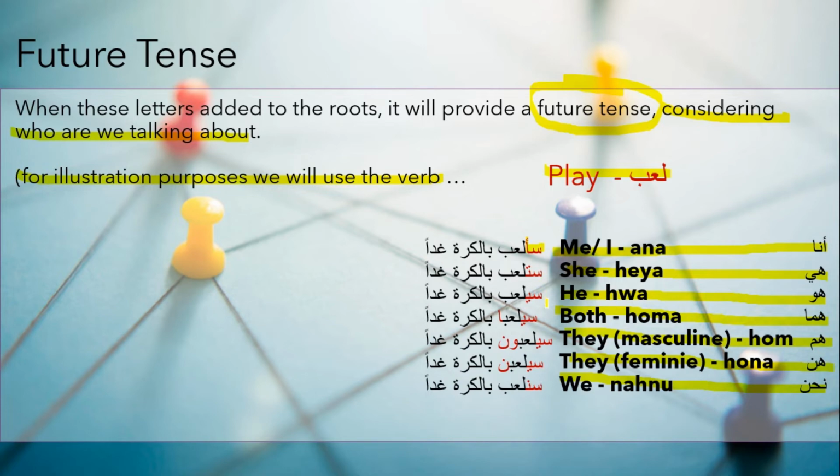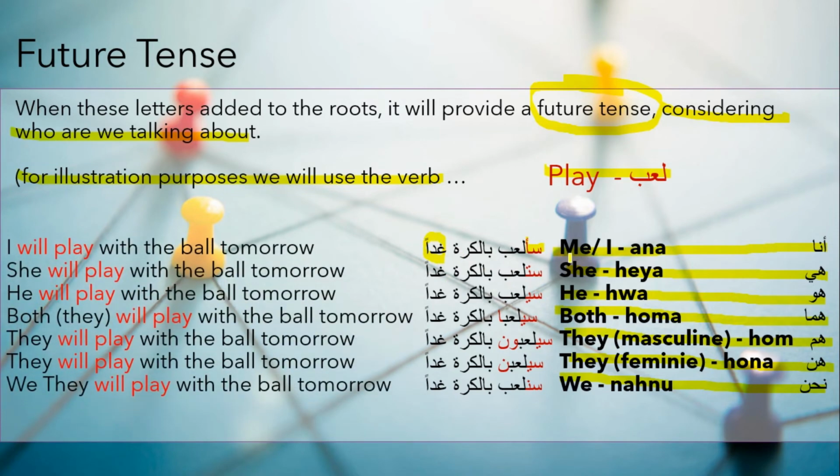Ya is for, as you can see at the third sentence, huwa. Usually we express any tense by using the verb he. So سألعب بالكرة. غدا ستلعب. سيلعب. هو. سيلعبا. سيلعبون.